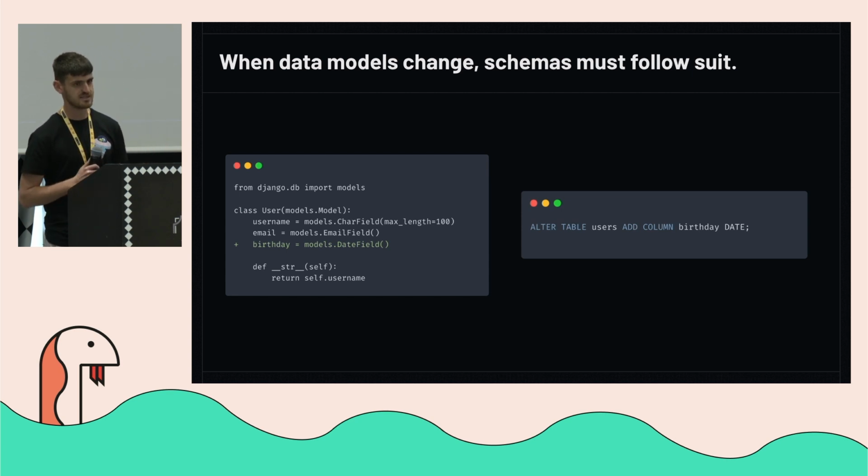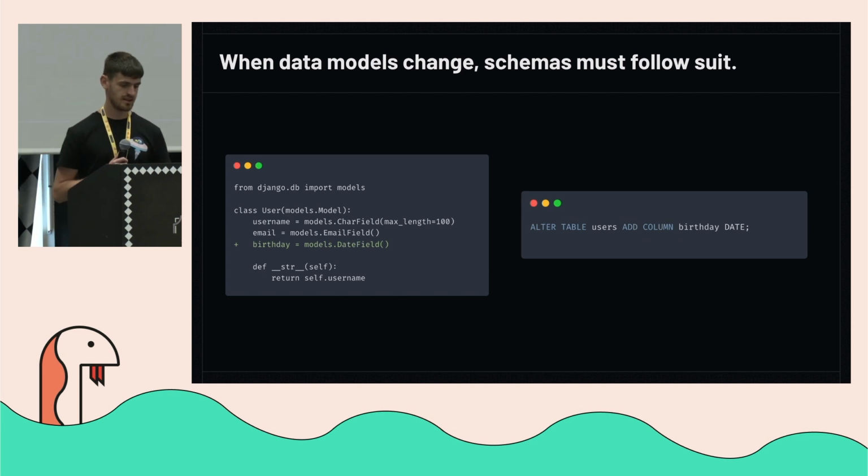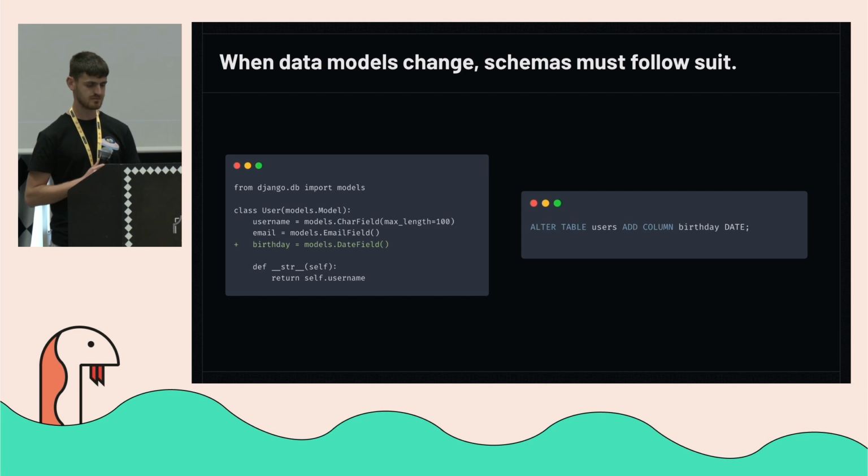For example, if I have this user model in my Django application, and I want to add the birthday attribute to it, so I can start tracking the birthdays of my users, before I deploy this code into production, I would first have to execute this command on the database. Otherwise the code will run and start issuing queries, trying to read or maybe write from this column, and the database won't know what we're talking about.